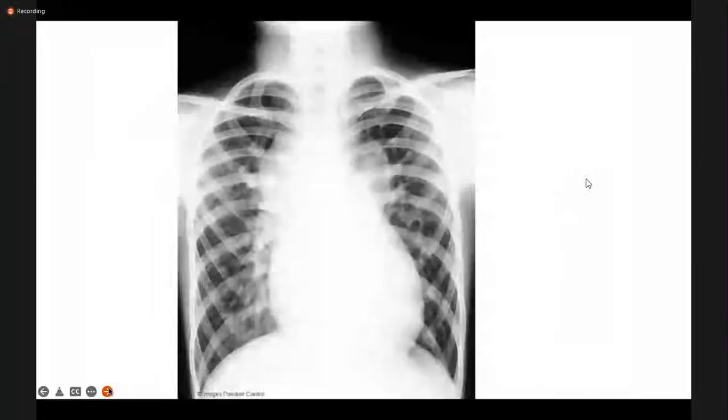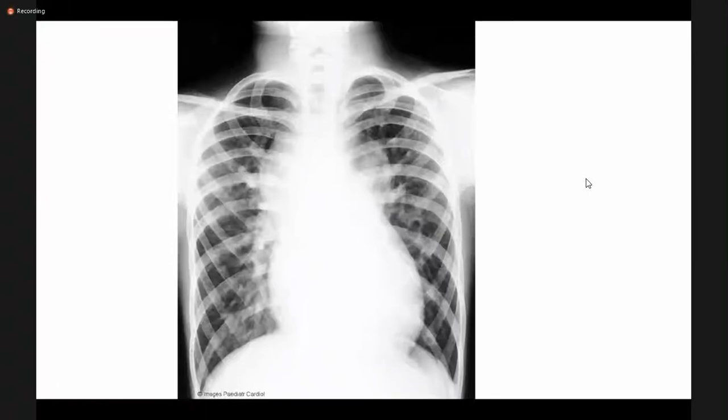So what is this? Does it look like a figure of 8 to you? So there's a condition called TAPVD. In that condition, we call it snowman appearance.